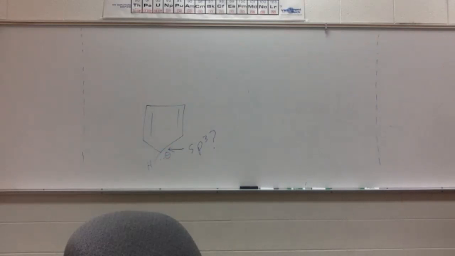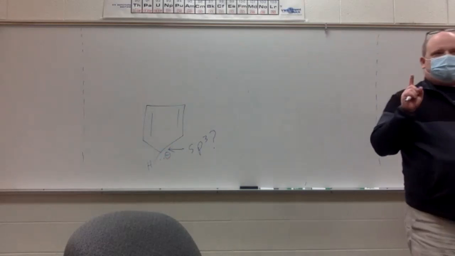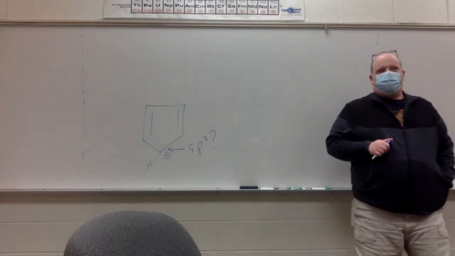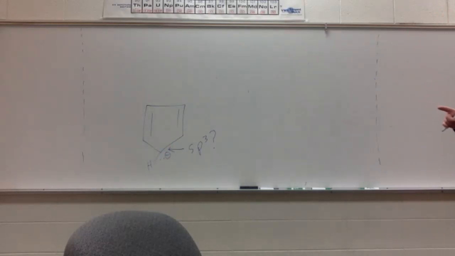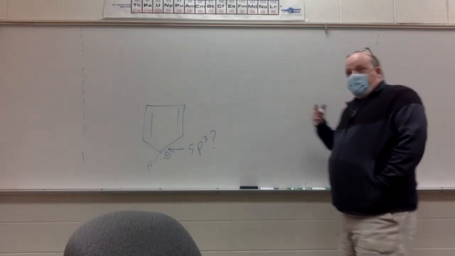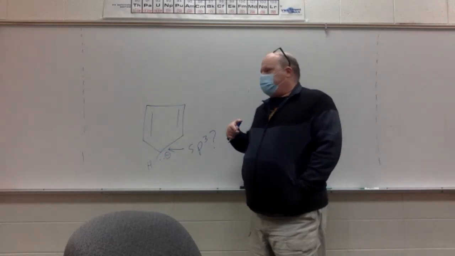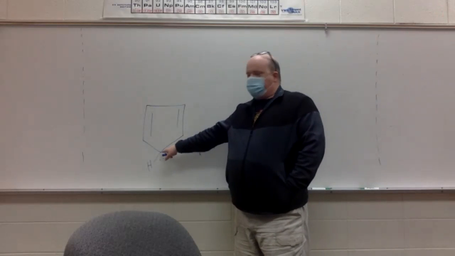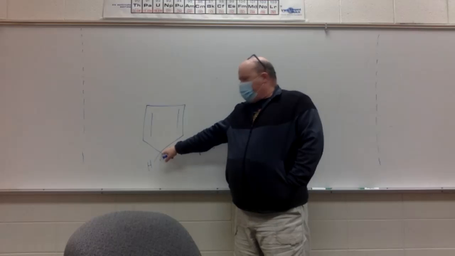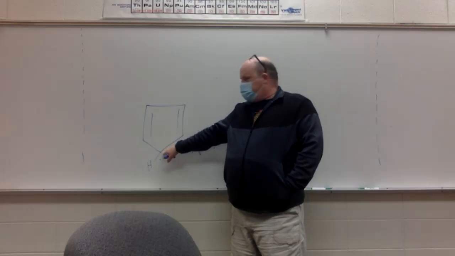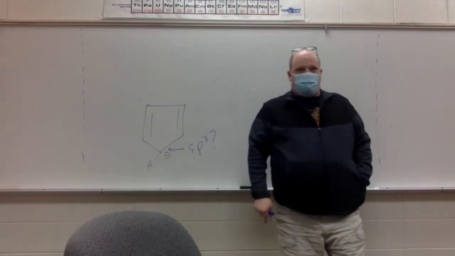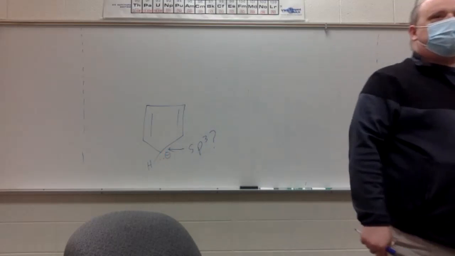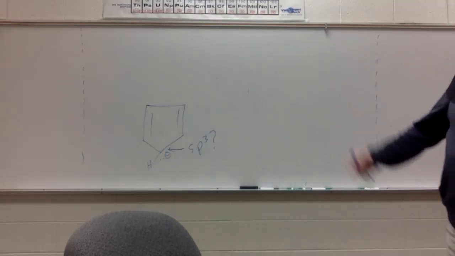However, there's a little caveat with this one. It is an allylic carbanion. It's just like you saw with the heteroatoms, like a nitrogen or oxygen. If you had a heteroatom in the allyl position and you had unshared electron pairs, what could you do? You could draw resonance structures.